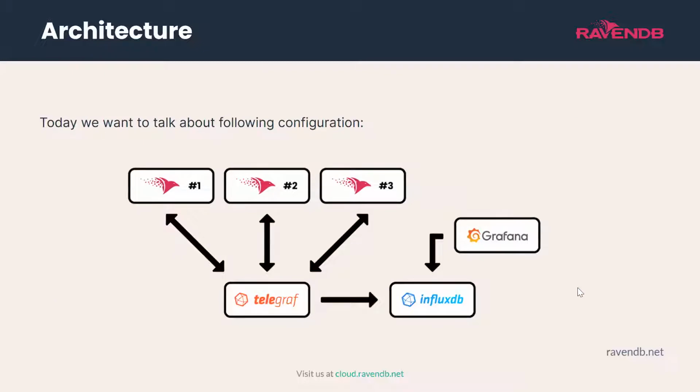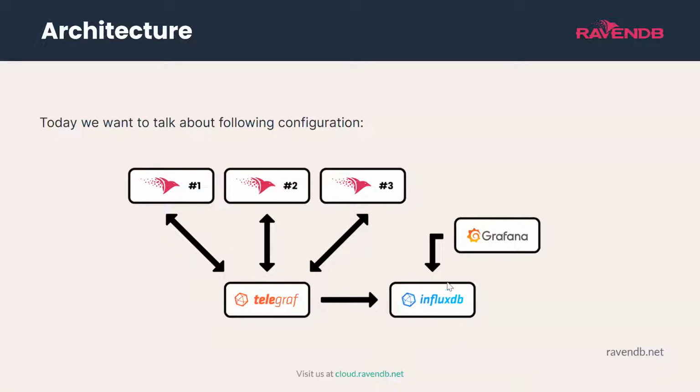In today's webinar, I would like to focus on the following deployment scenario. We will have a 3-node cluster of RavenDB. We will use Telegraf to read this data from those instances. And Telegraf acts only as an agent for scraping and storing this data.